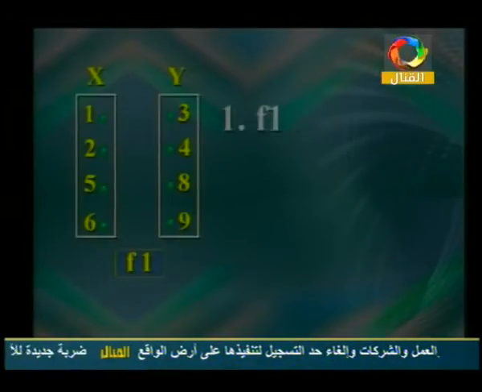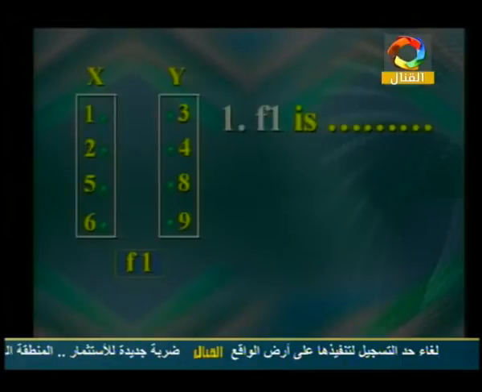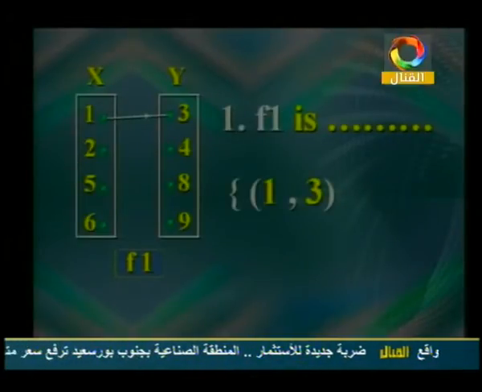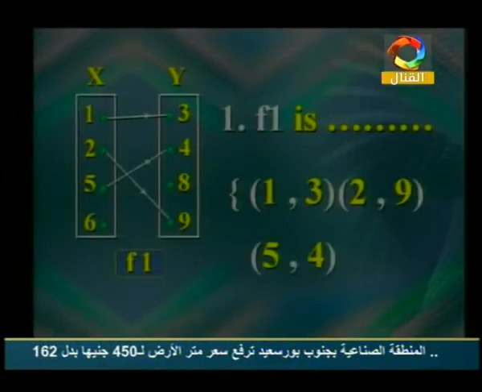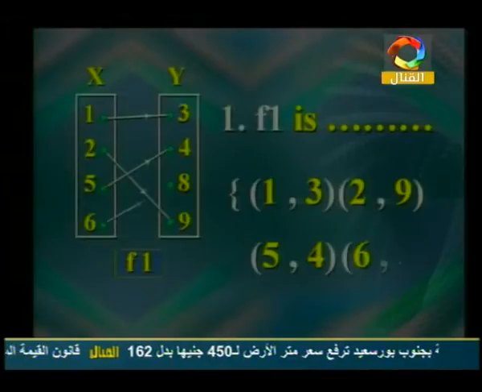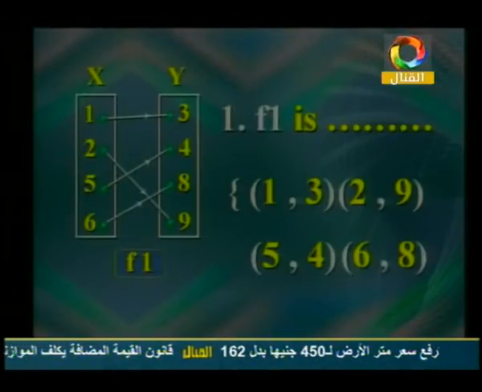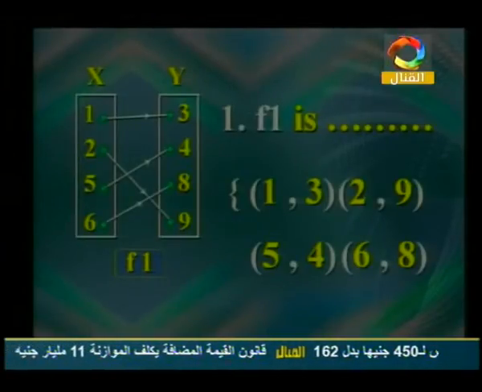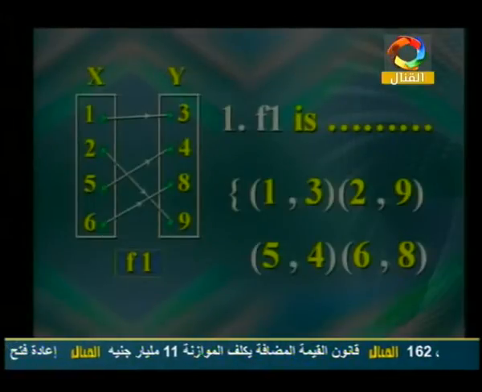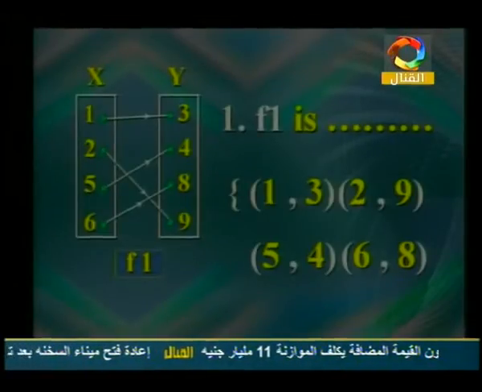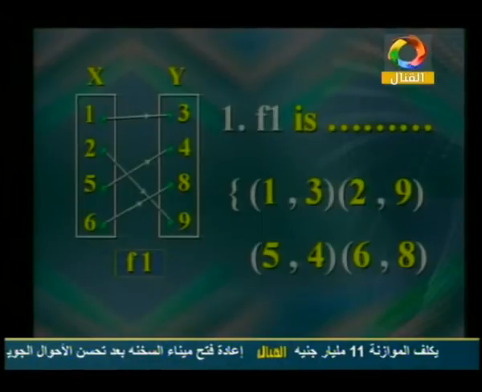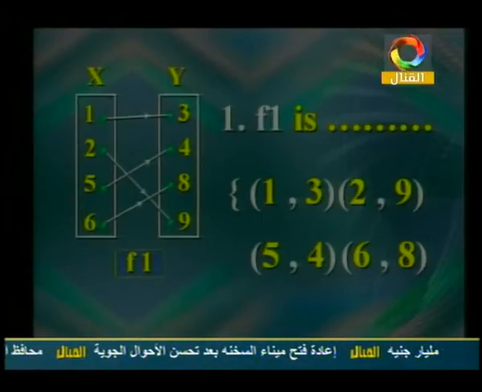Function f. Function 1 is 1 to 3, 2 to 9, 5 to 4, 6 to 8. All elements of x appear just once to an image in y.